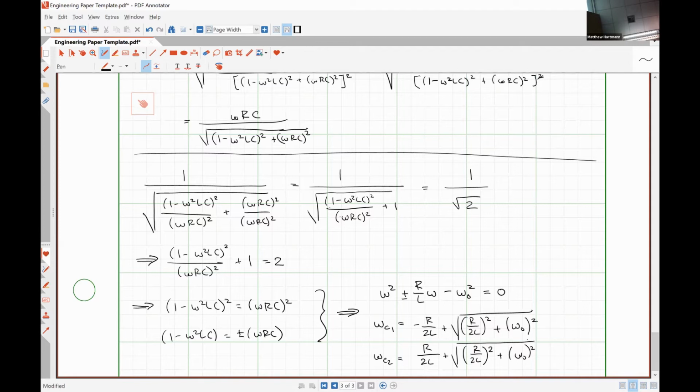series RLC circuit. So in a series RLC circuit, we had negative alpha plus the square root of alpha squared minus omega naught squared, or negative alpha minus the square root.